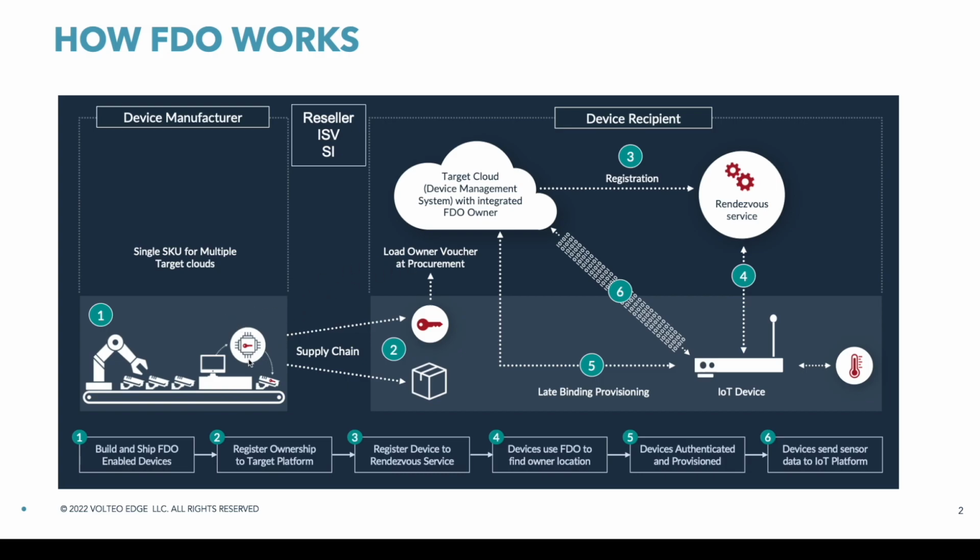And then once that device is shipped to that recipient and is brought online, it will automatically bind to their target cloud and then deploy all the necessary software to that device at that time. So it's late binding provisioning.